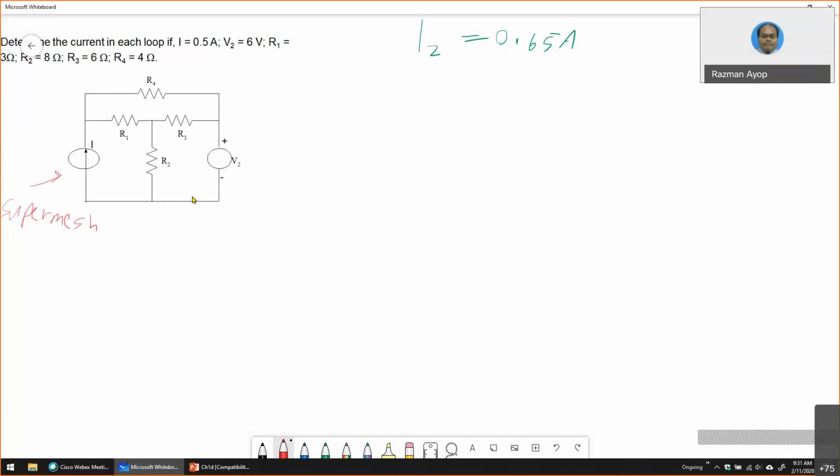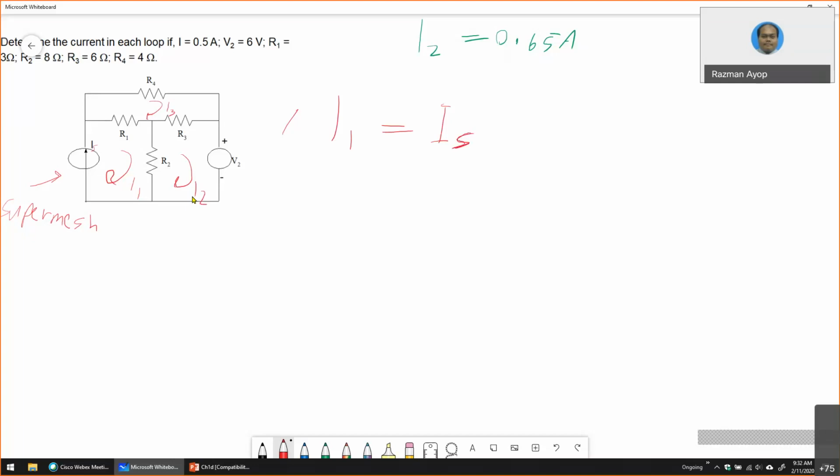First, of course, you have to do the loop currents: I1, I2, I3. For this case, the super mesh is located at I1, so automatically I1 equals to I source, IS.